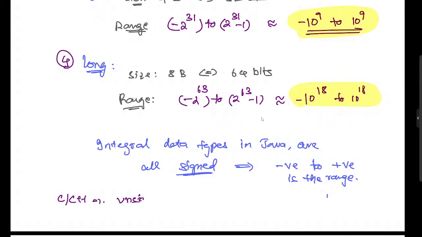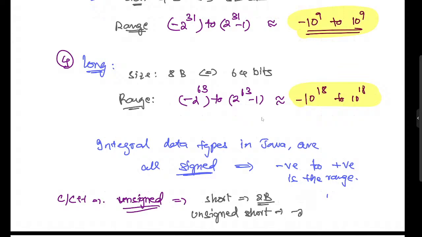So unsigned is a separate keyword in C and C++. In that particular case, like a short, which has 2 bytes of data, if we use unsigned short, we still have 2 bytes, but those 2 bytes will only be positive.